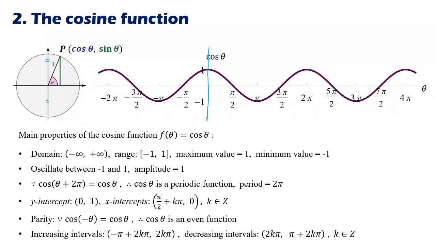And all the decreasing intervals are 2k pi to pi plus 2k pi, where k belongs to the integer set. This is similar to the sine function. It has infinitely many increasing intervals and infinitely many decreasing intervals. Understand?